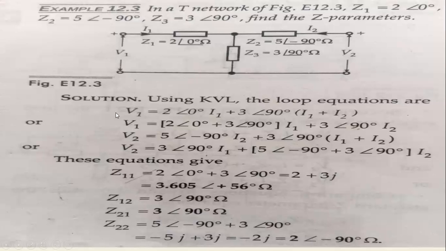If I'm going to find out Z11, definitely I'm interested in the input side. So 2 angle of 0 degrees plus 3 angle of 90 degrees, so you will be able to find it. In polar form, we are aware that addition is not at all directly possible. You need to convert the polar into rectangular, then add the things.